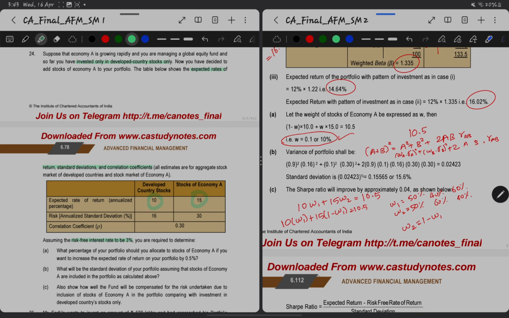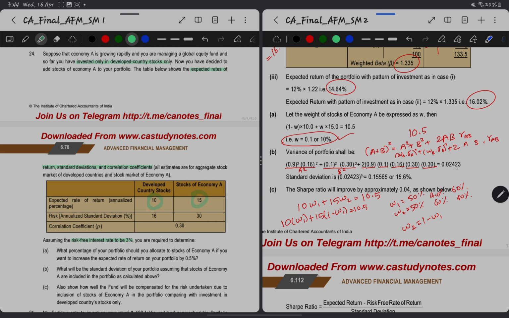Since we know the weight of the stocks of economy A is 10 percentage, the balance will be 90%, right? So this is the A square portion and this is the B square portion. This is 2 into weight of A multiplied by standard deviation of A and weight of B multiplied by standard deviation of B multiplied by the correlation coefficient.